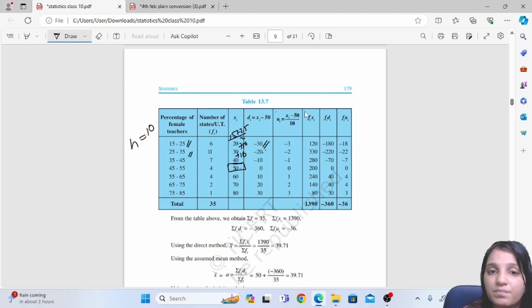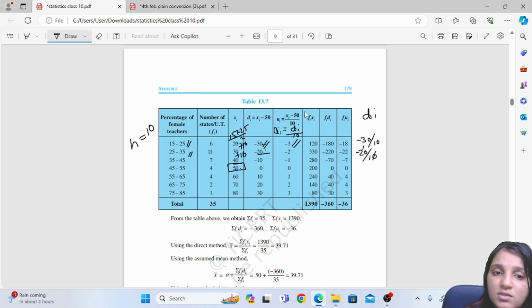Then here you just have to do ui is equal to di upon 10. First one will be minus 30 upon 10, which is minus 3. Then the second one will be minus 20 upon 10, which is minus 2.